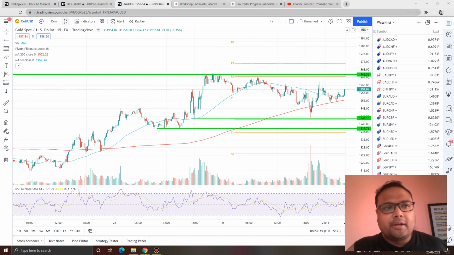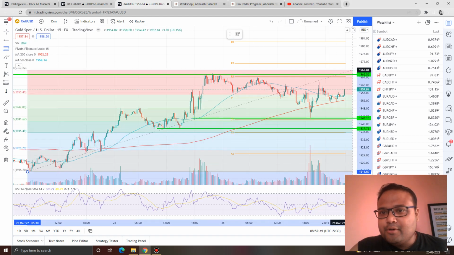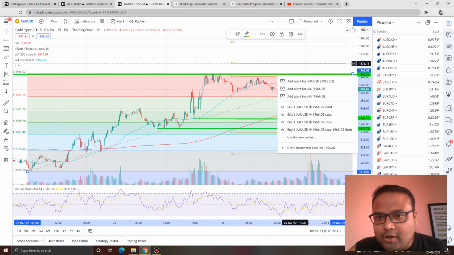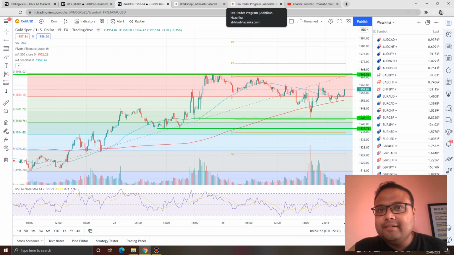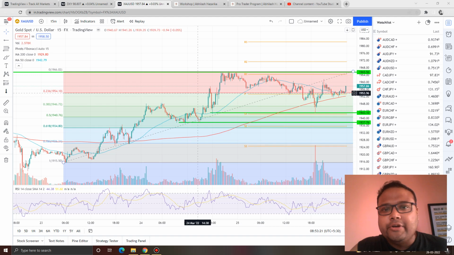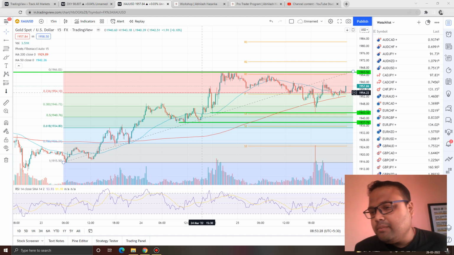These are the important levels, and let's try to check Fibonacci once. Here is our Fibonacci, and we have another level here. Right now, the market is standing at the 23.6% Fibonacci retracement level. But I'll say do not consider this level, because Fibonacci 23.6, that too on a 15 minute time frame, is quite risky.